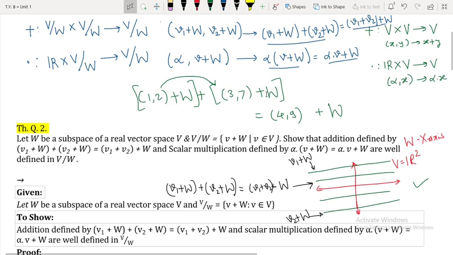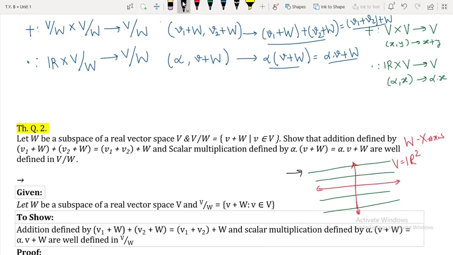Similarly they have defined scalar multiplication. Suppose this is your coset, some V plus W, and suppose you are having some real number, say alpha. You simply multiply this alpha to this V plus W. Whatever answer you get, again it is going to be a coset. Now the question is, what will be that coset and what will be its representative?